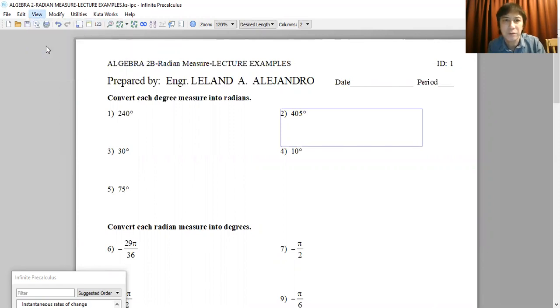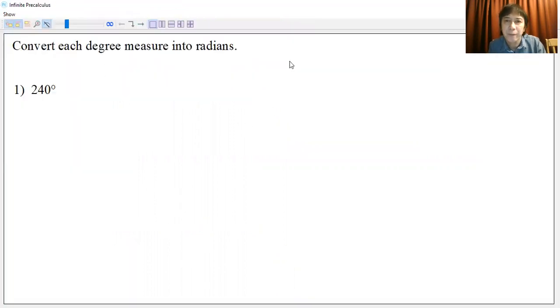We will have the presentation view. The first one is convert each degree measure into radians. First we will see the conversion factors. 180 degrees is equivalent to pi radians.